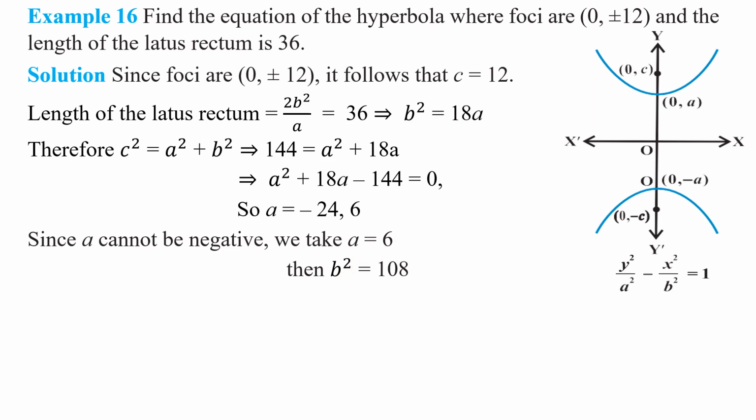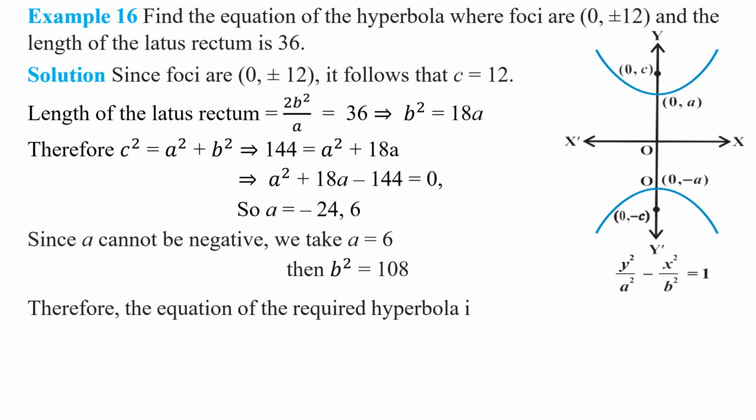So then we can write the equation of the hyperbola easily. Therefore, the equation of the required hyperbola is y square by a square minus x square by b square is equal to 1. Okay, my children, in this equation let us substitute the values of a square and b square. This implies y square by, what is the a value here? 6.